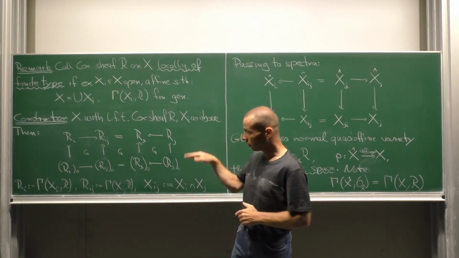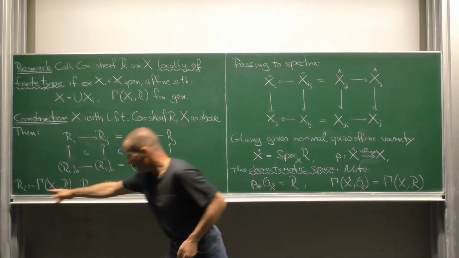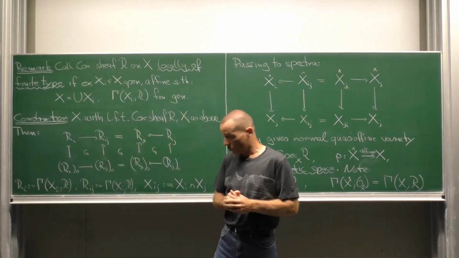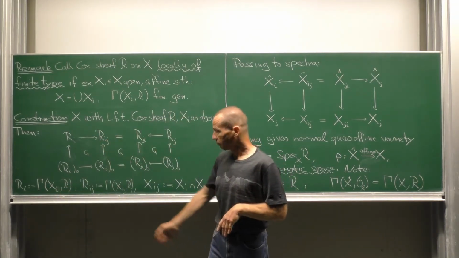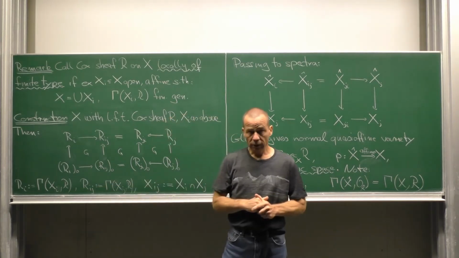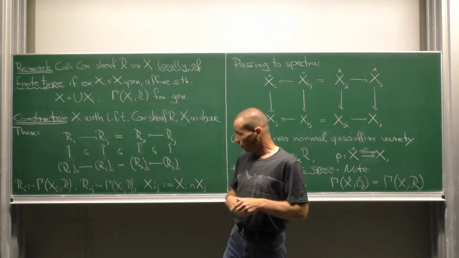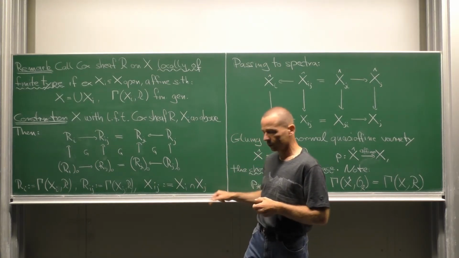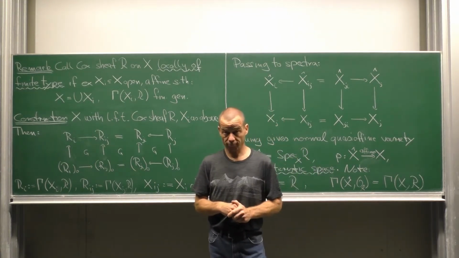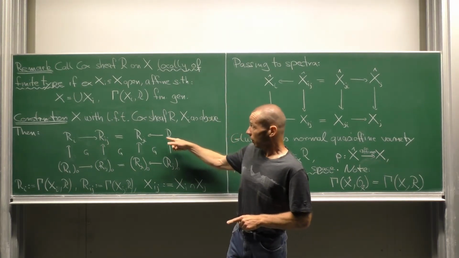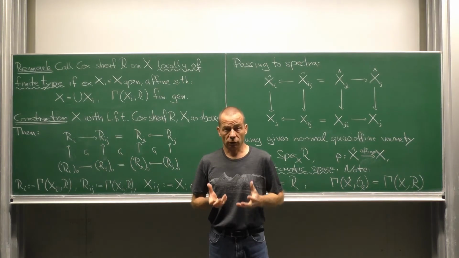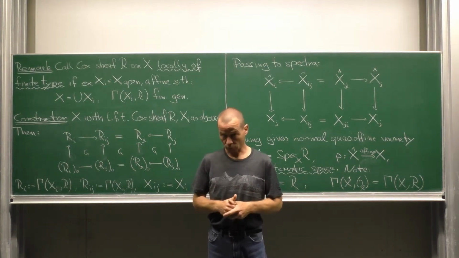For the upper row, set Ri to be the algebra of sections of the Cox sheaf over Xi, and Rij the algebra of sections of the Cox sheaf over the intersection Xi intersected Xj. The arrows in the upper row are just the restriction homomorphisms of the Cox sheaf.